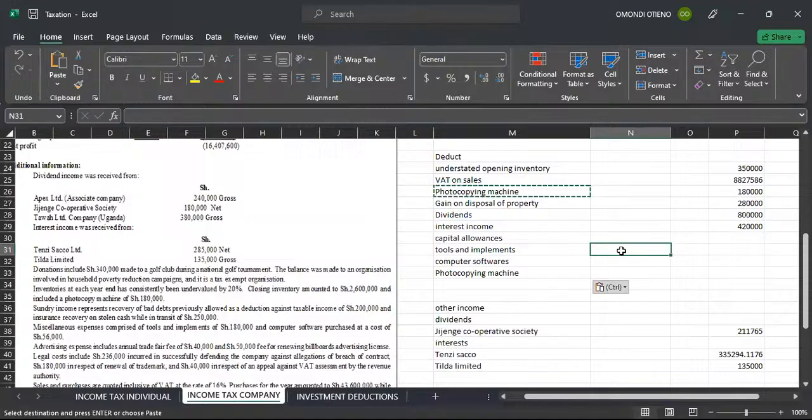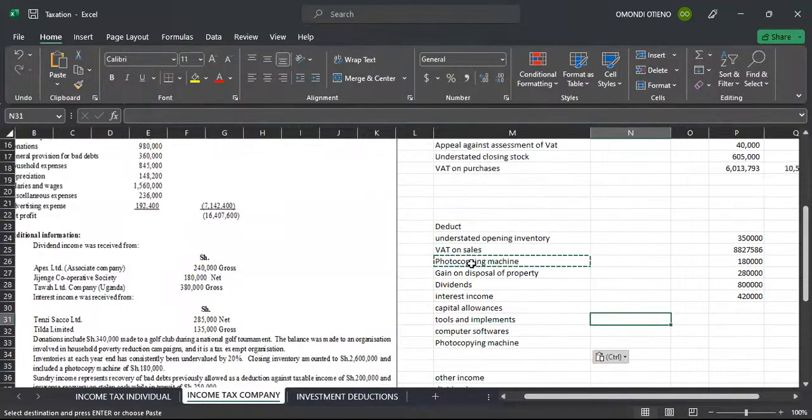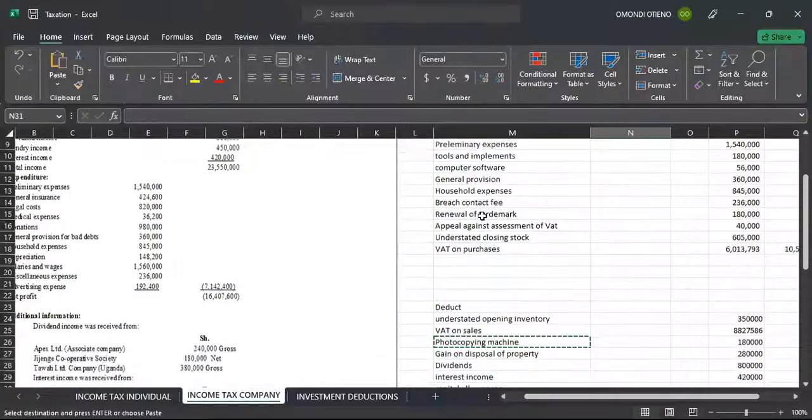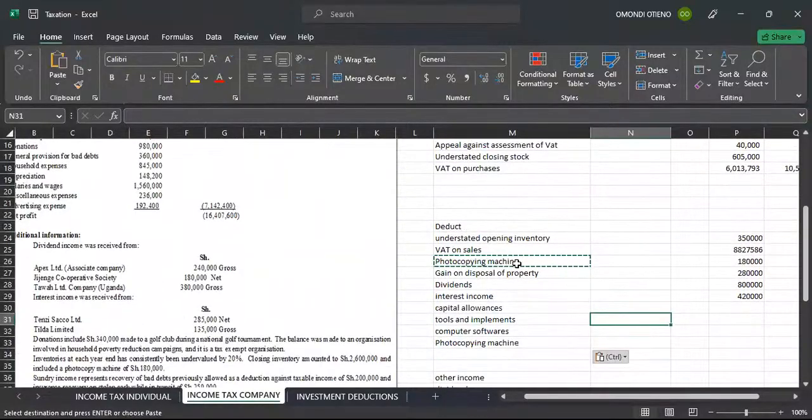Okay, remember, even if you are to say that what to add and what to subtract, look at this photocopying machine. We are deducting it based on how it was treated or how it affected the profit. These other assets, which are also fixed assets, we are adding them back based on how they affected this profit. So if I give you a standard thing that I tell you all fixed assets are supposed to be added back, then you add back this photocopying machine. Are you able to see the mess that you are going to get yourself into?